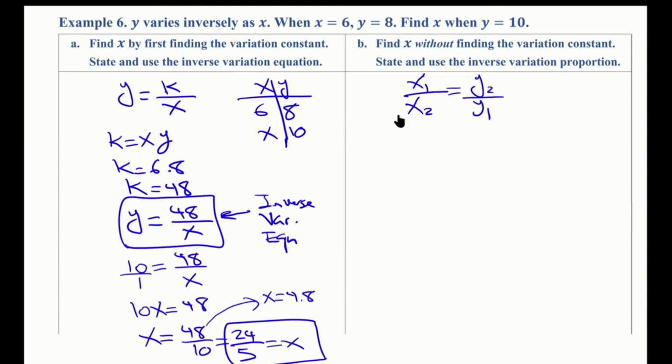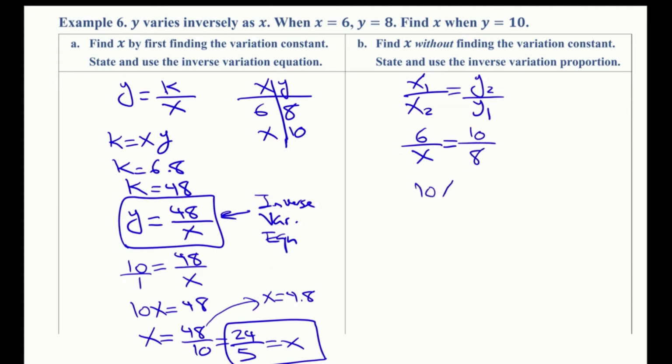Remember, this is inverse variation. So we're going to put 6 is to x as, now be careful, if this were s squared or something, then you would have squared accordingly, but it's not, right? So as y2, which is 10, over y1, which is 8.